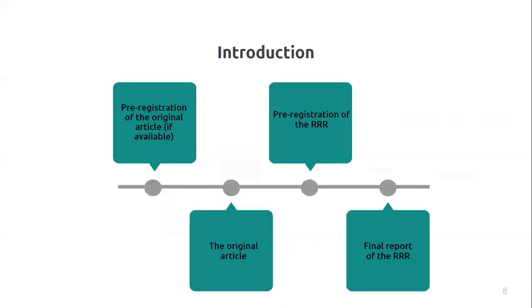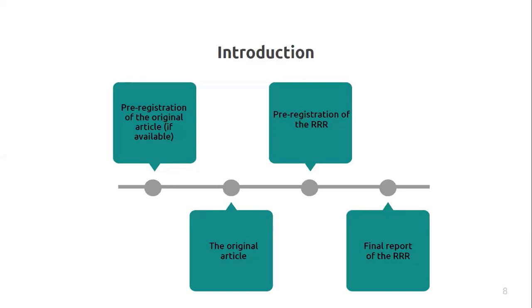So to work on the RR assessment, you will need to go through these 3 to 4 major items. First, the pre-registration of the original article, if it's available. However, very often, the registration of the original article was not available, particularly in the older articles, as pre-registration in psychology has a relatively short history.